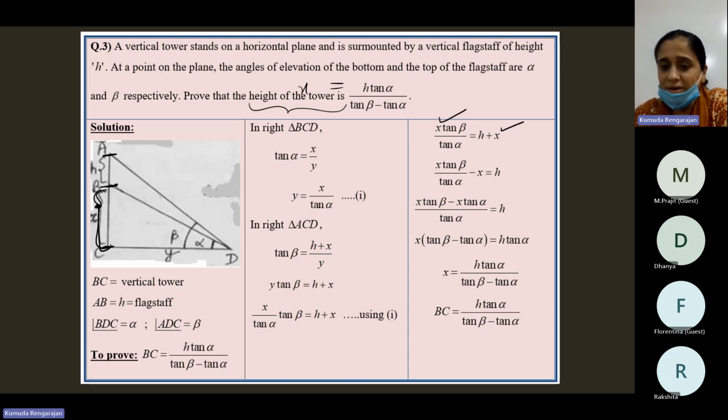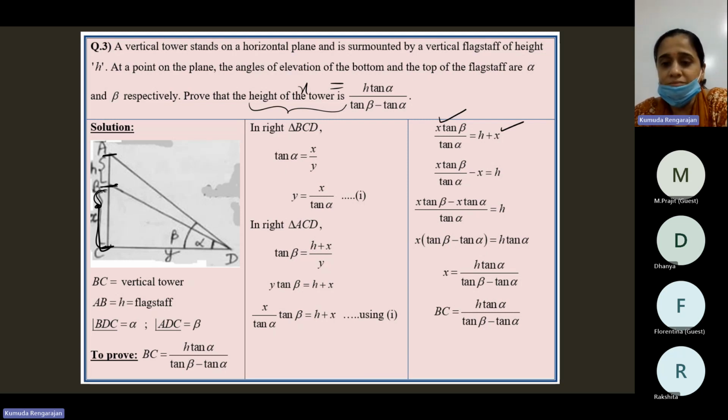So have the x terms on one side. So x tan beta by tan alpha minus x is equal to h. Okay, so gather the terms that have x on one side, any side, LHS or RHS, but they should be on one side, and the ones which don't have x on the other side. Then after grouping, you should take out x common. Only then you can get the value for x.